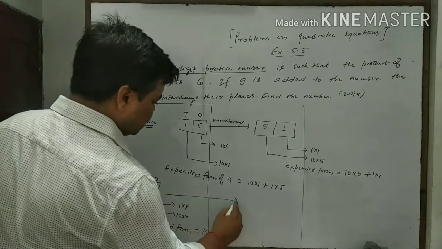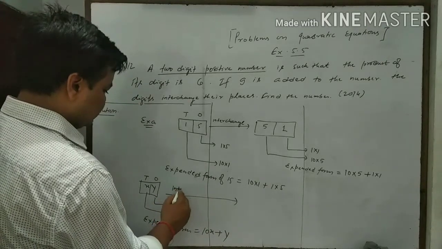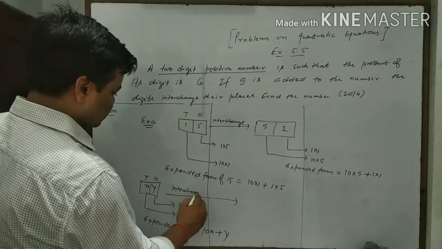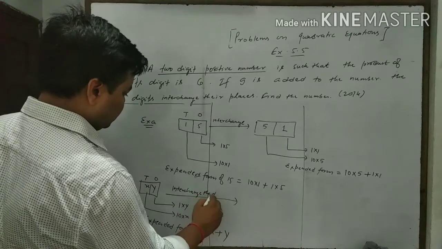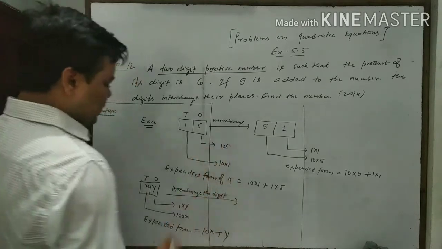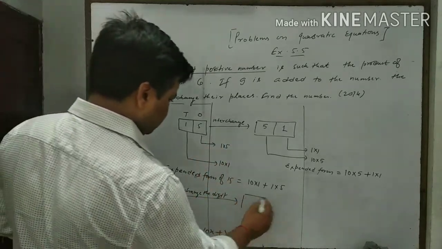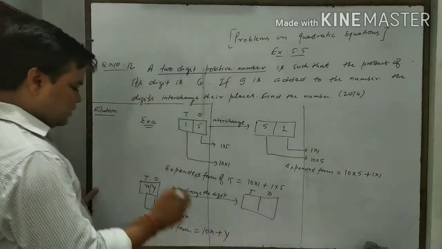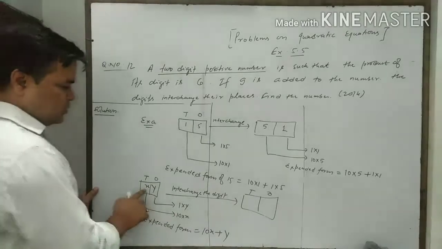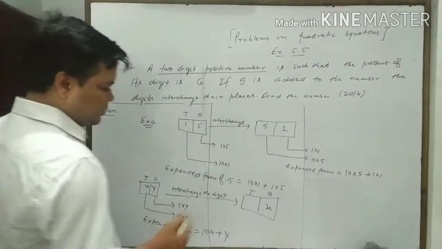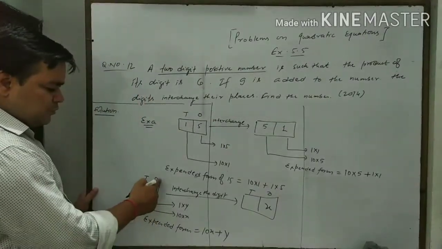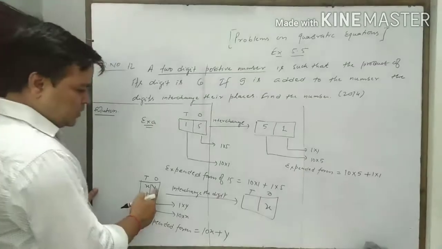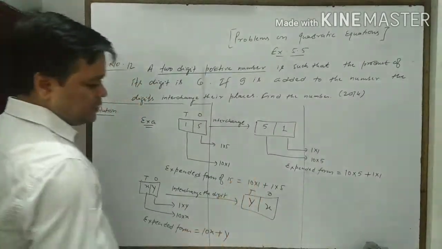Now interchange the digit. If you interchange the digit, then it will be like this way. Here ones place, here tens place. The digit which was at tens place will be at ones place, and the digit which was at ones place will be at tens place.